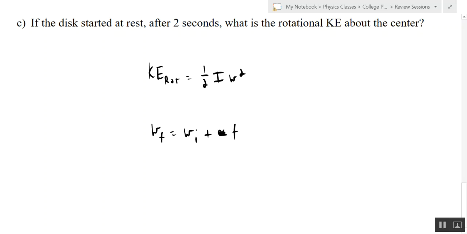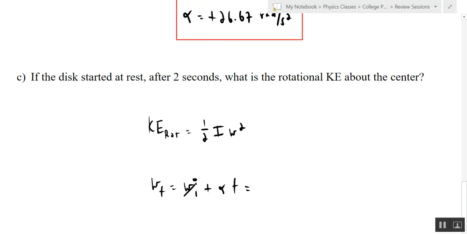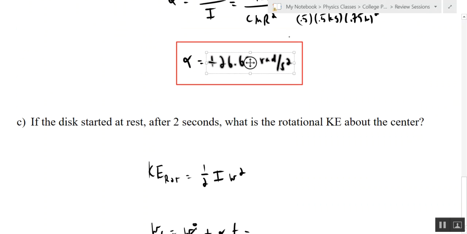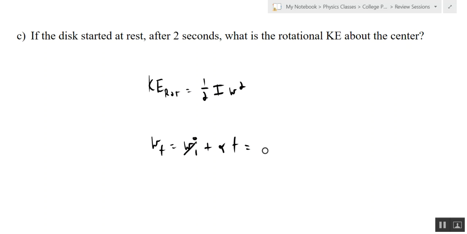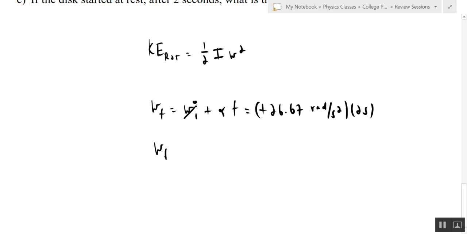Yes, it starts from rest, so it is 0. We know alpha because that's what we found here. So you take this and multiply it times 2 seconds, and that will give you your omega, which is 53.33.